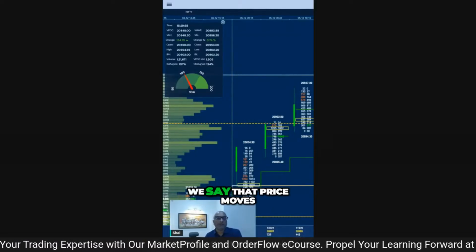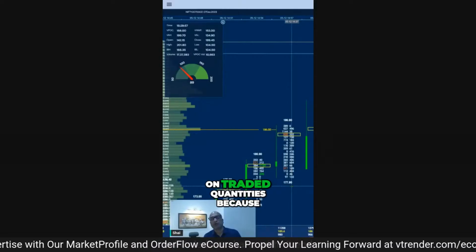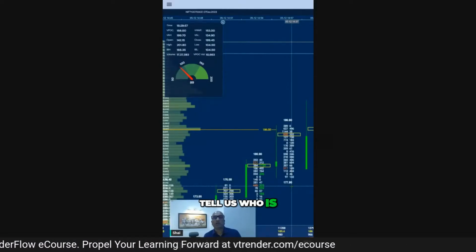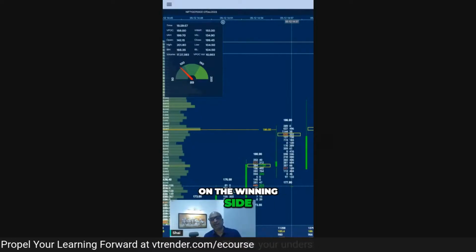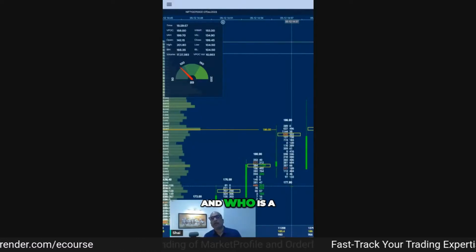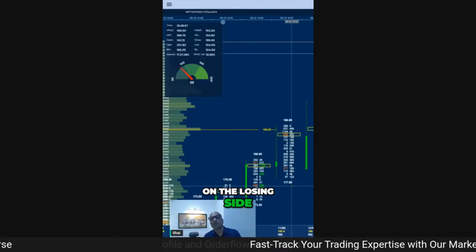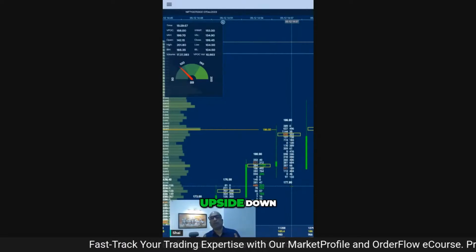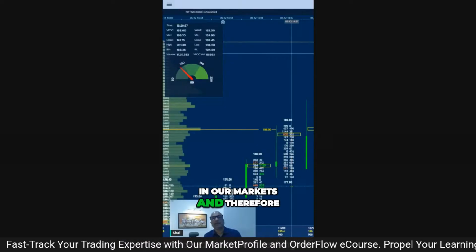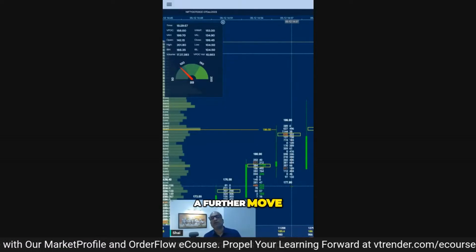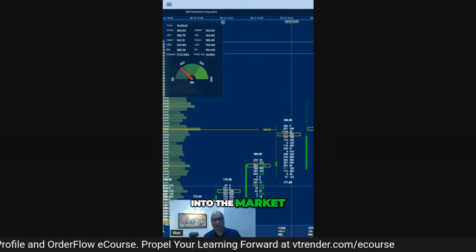Because of that, we focus on traded quantities, because traded quantities tell us who is a player on the winning side and will therefore keep his position, and who is a player on the losing side and is therefore in distress, or what we call upside down in our markets, and will therefore close his position, fueling a further move in the market, right?